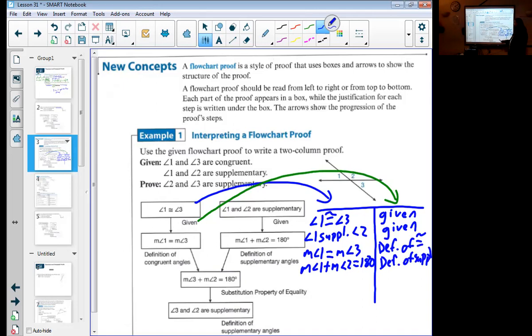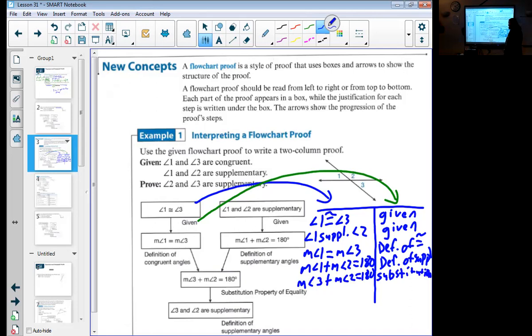So now we take the next step, measure of angle 3 plus measure of angle 2 is equal to 180. And that is the substitution property of equality. Then our last step is what we are trying to prove.